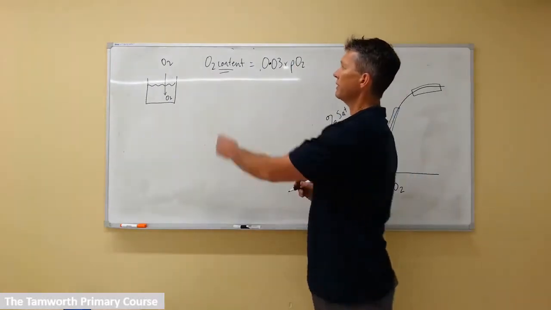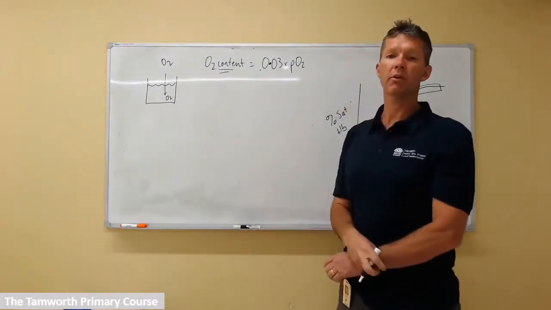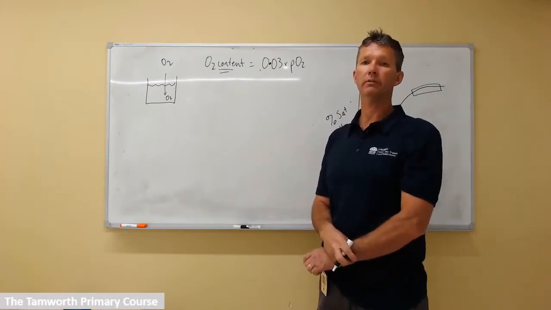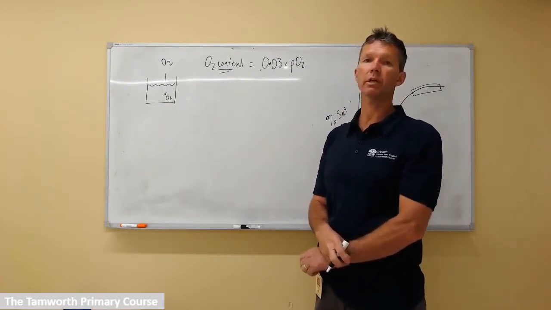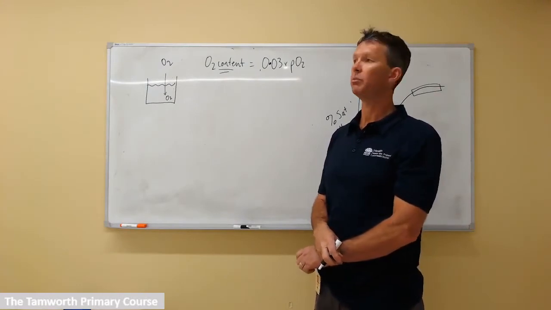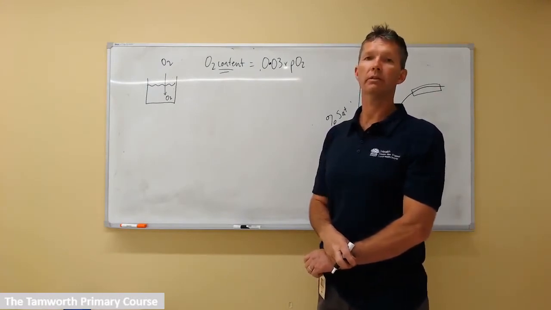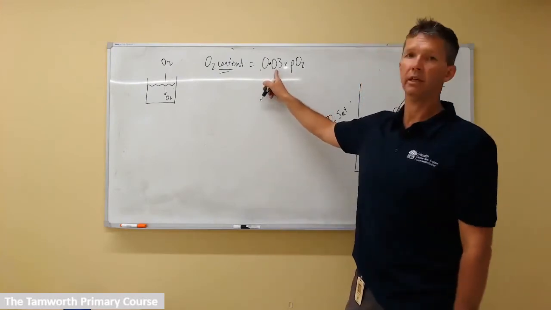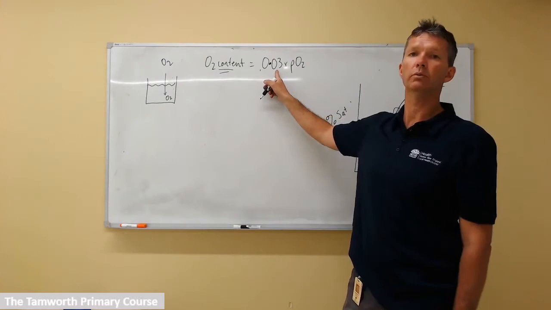Now, the overall content there is not much, considering it takes a human approximately 20, 25, and sometimes up to 100, depending on the exercise circumstance, mils of oxygen per minute to survive. Then what we're talking about here is not much oxygen at all.